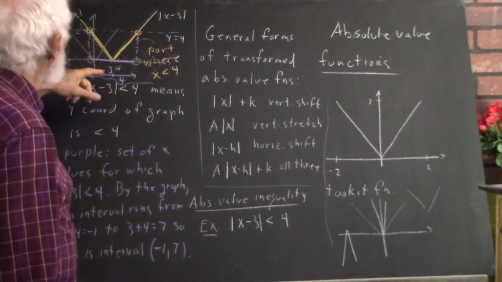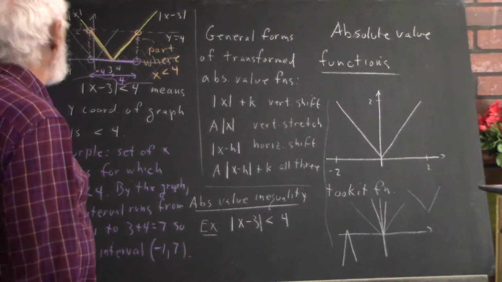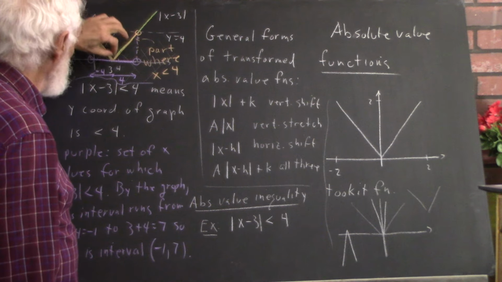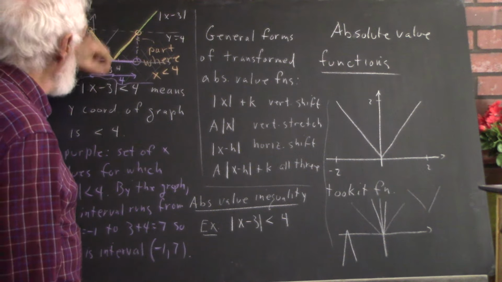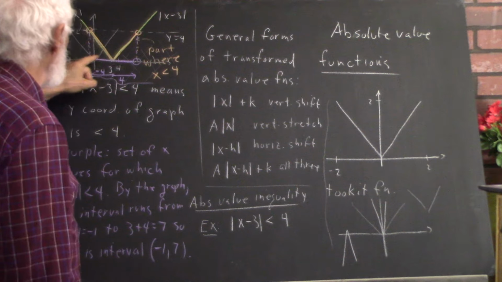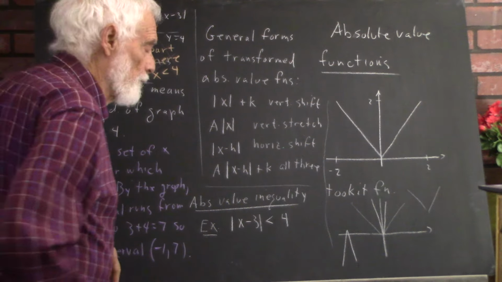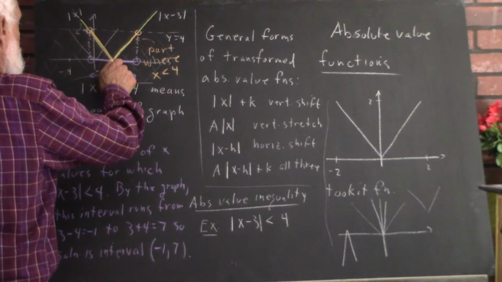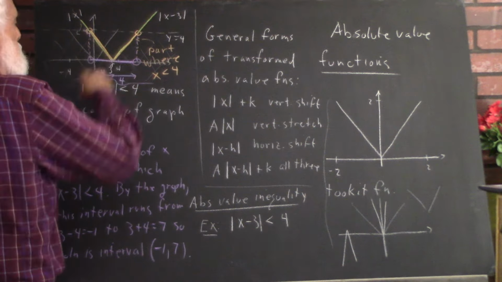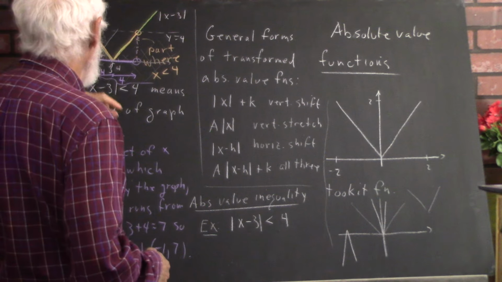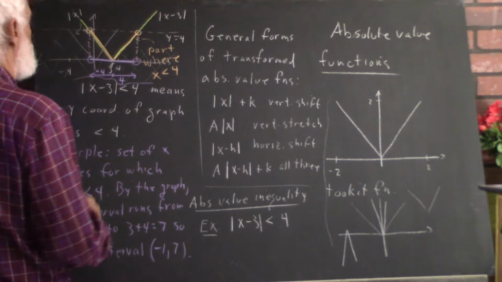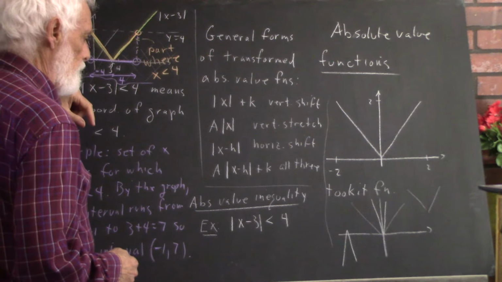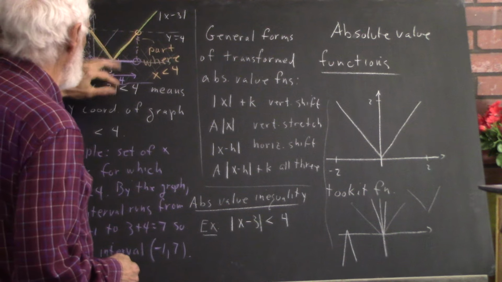Well, where are those x values? The vertex of the absolute value function is shifted from x equals 0 to x equals 3. So x equals 3 at this point. Okay, now I've got 4 here for some reason, but I don't think it needs to be there.